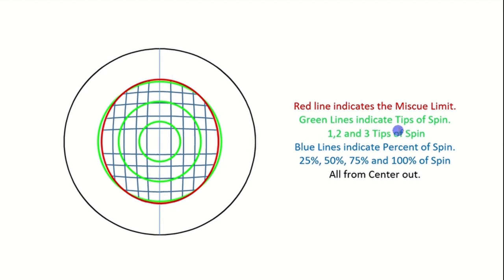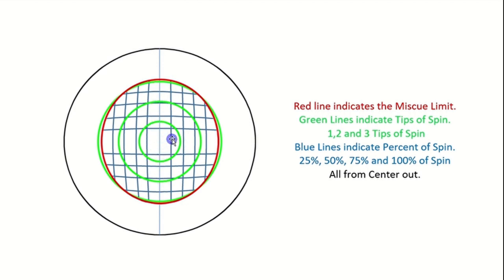So half the tip is 1 tip of English. The blue lines indicate percent of spin. There's 4 blue lines vertical and 4 blue lines horizontal on either side of center: 25%, 50%, 75%, and 100%. There are 4 blue lines either side of center and top and bottom, above and below center.